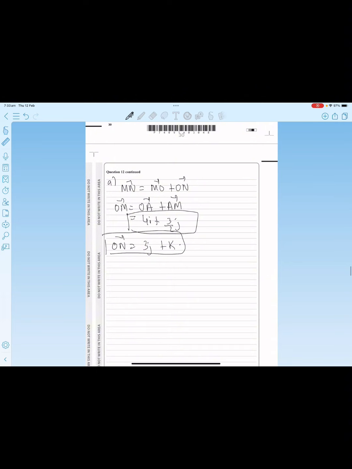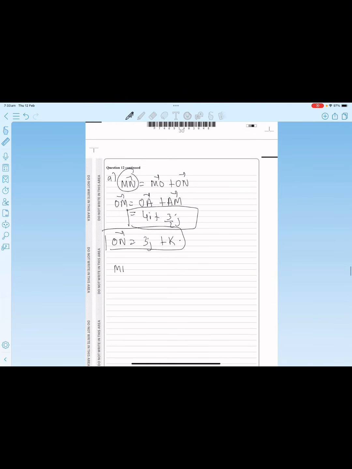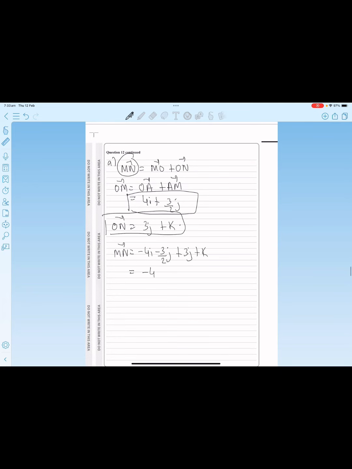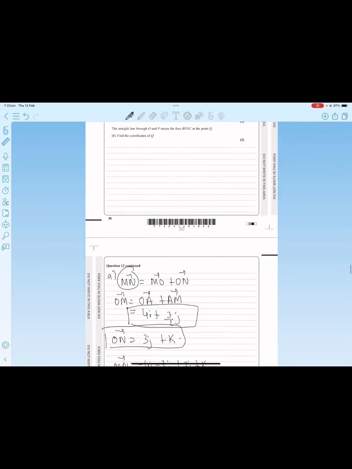Now I would form my actual MN. MN is MO, which is just the negative version of OM, so minus 4i minus 3 over 2 j, plus ON, which is 3j plus k. MN is therefore minus 4i plus 3 over 2 j plus k. This is my MN.